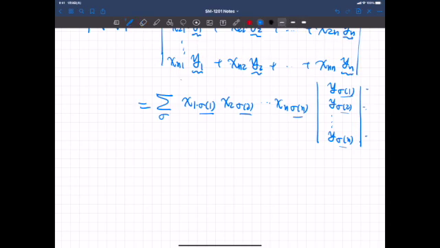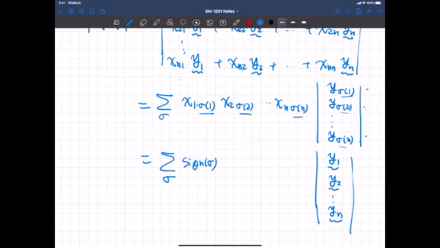And after all, we may obtain this determinant y1, y2, and yn in this order. But the sign is changed, and let's call that sign the sign of sigma, of this permutation. And everything else is the same: x1 sigma 1, x2 sigma 2, and xn sigma n.